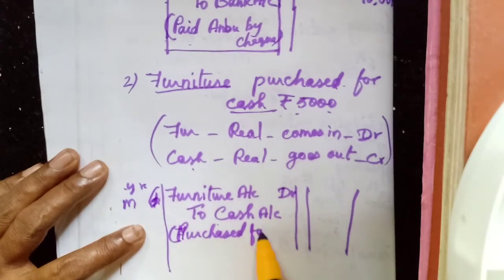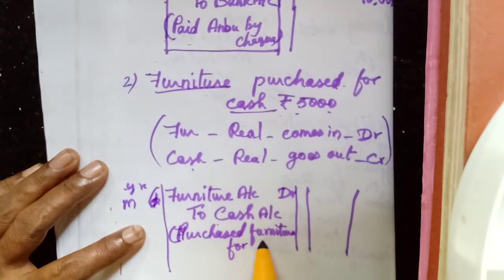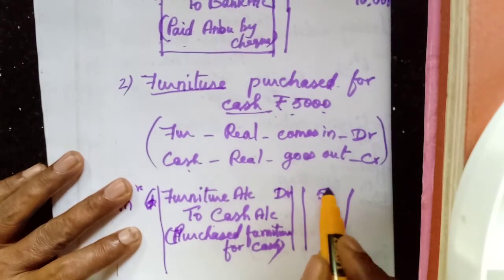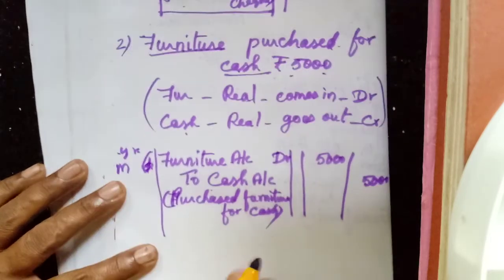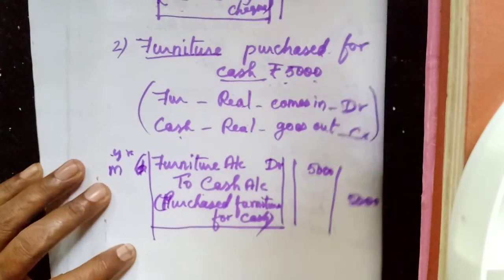Purchased furniture for cash. Amount 5,000. Okay, only draw one line here. Now we have understood both the personal account and the real account.